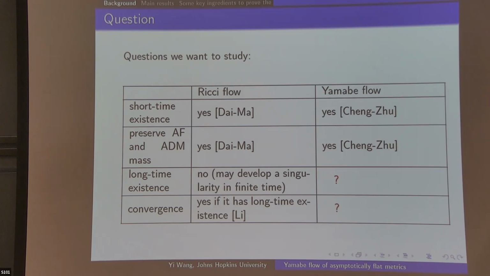In dimension 3, Perelman's result says that you can perform the surgery, and there are only finitely many surgeries if the surgery area is not too big. You can control that size and make finitely many surgeries. After the last one, it has long time existence, and by this result that gives the long time convergence.